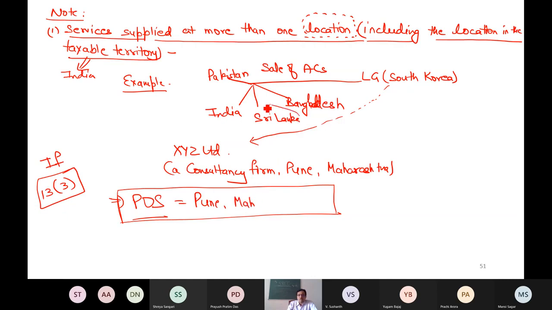I'm not concerned about the rules of Sri Lanka, Bangladesh or Pakistan. Maybe their government will also charge the revenue as per their indirect tax structure, but that is none of our concern. If India is one location where the services will be supplied, then India becomes the place of supply. This is what the point is.